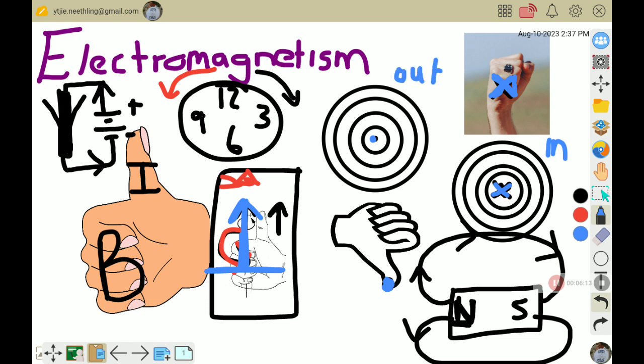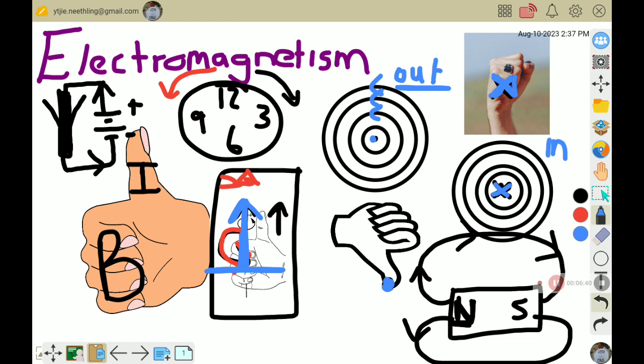Right hand rule: thumb pointing out of the page, and you will see your four other fingers will curl anti-clockwise. So our magnetic field is anti-clockwise around that conductor.